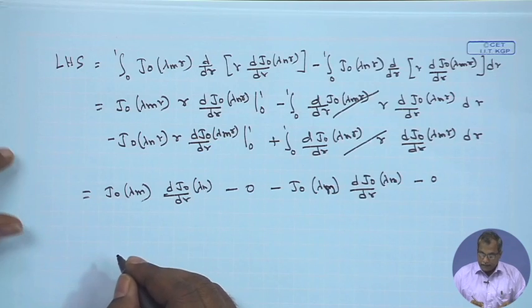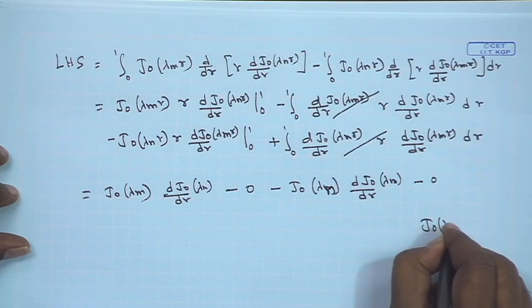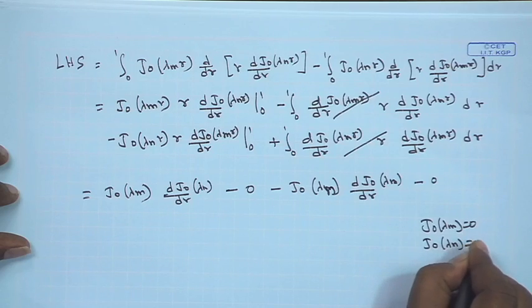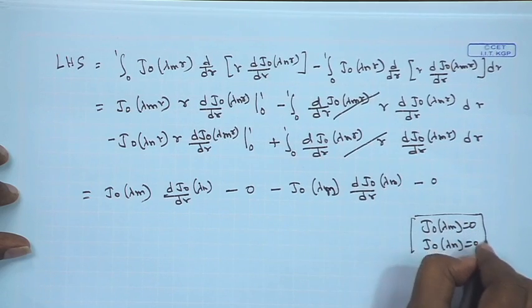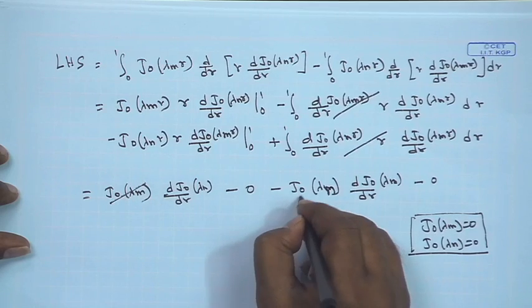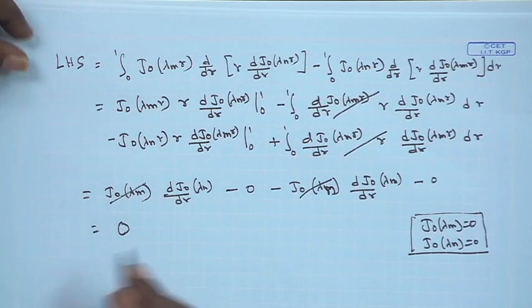Now, since λₘ and λₙ are eigenvalues, and the eigenvalues are the roots of the transcendental equation J₀(λ) = 0, therefore J₀(λₘ) = 0 and J₀(λₙ) = 0. So, these will be equal to 0, and therefore the whole left-hand side will be equal to 0.